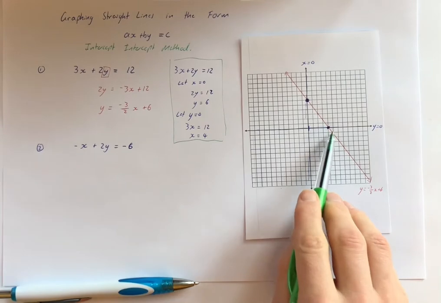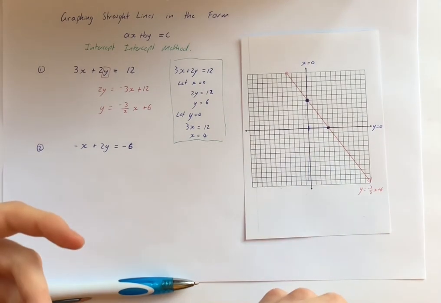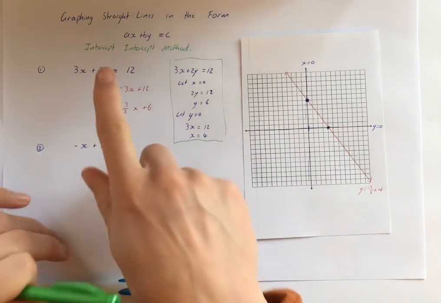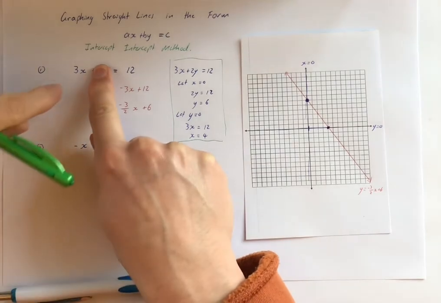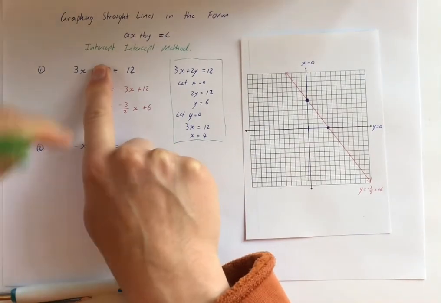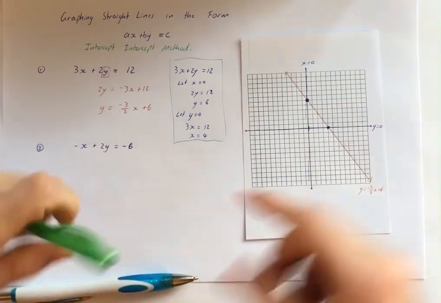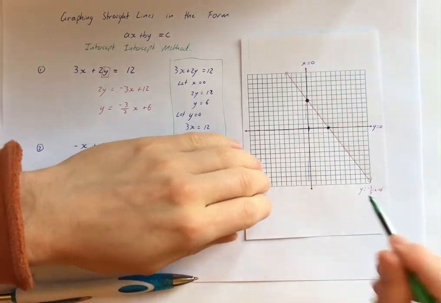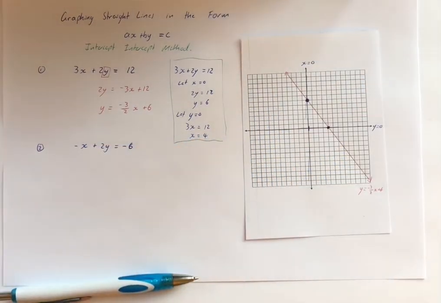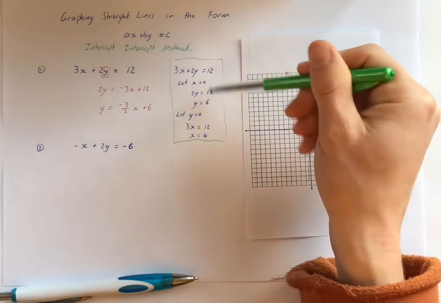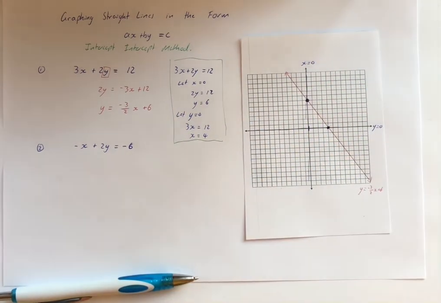Then the x-intercept: you make y 0, so cover that up. 3x equals 12, so x is 4. You can straight away just plot those 2 points and then draw a line. Nice and easy, no rearrangement, and when you get better you don't even need to do all this working.